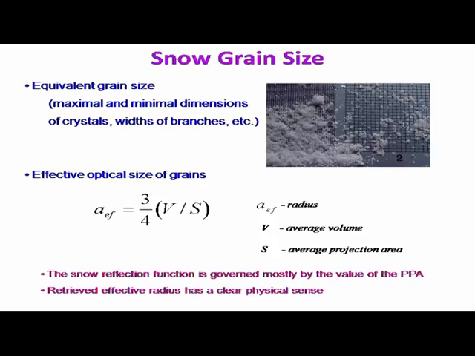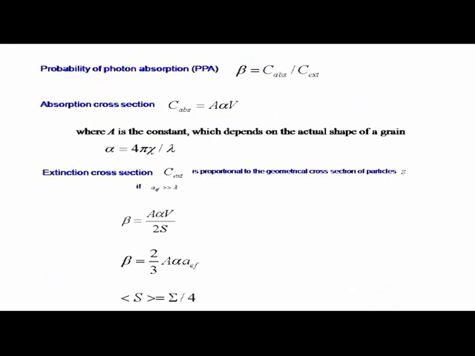So the snow reflectance function is governed mostly by the value of PPA, the probability of photon absorption. The retrieved effective radius has a clear physical sense, because from the probability of photon absorption you are retrieving the effective grain size. That absorption can be defined by this equation, beta equal to C absorption by C extinction.